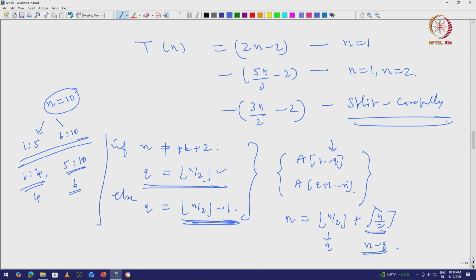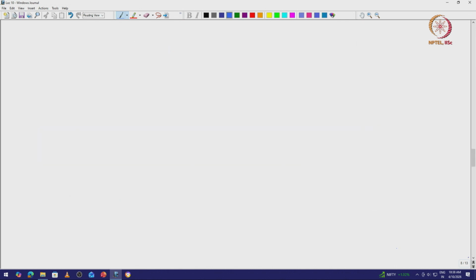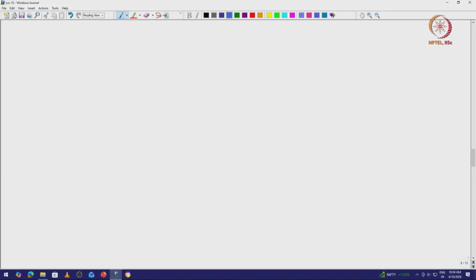Okay? Therefore, we summarize now. In general, when you are working with an array, we were trying to write pseudocode for array A[P to R]. A[P to R] will have how many elements?